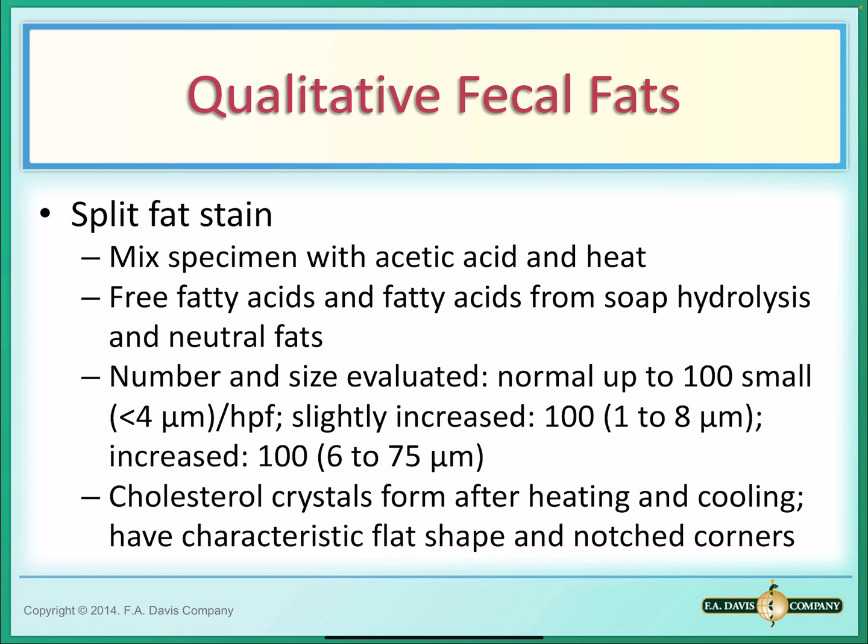A sample is normal when there are up to 100 small fat droplets per high power field. It is slightly increased when there are 100 droplets and the size is about 1 to 28 micrometers. And the sample is increased in fat when there are 100, but the droplets are bigger, about 6 to 75 micrometers in size.